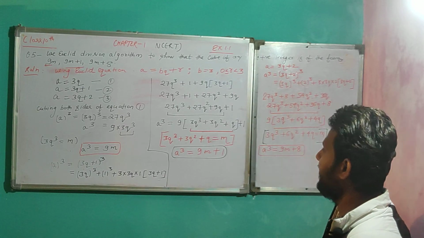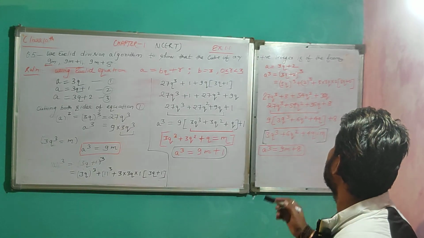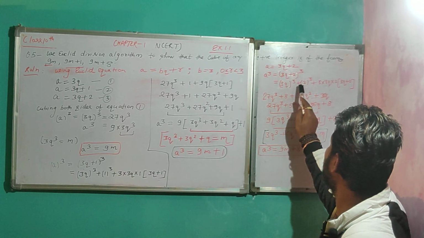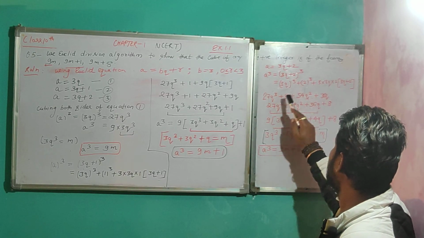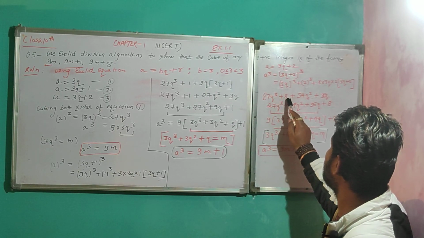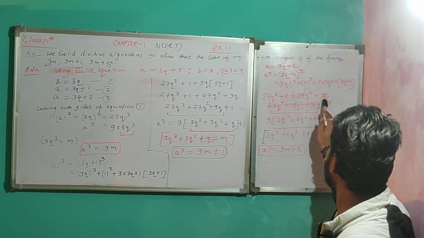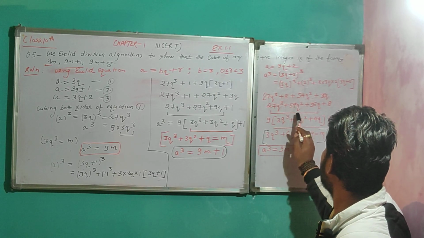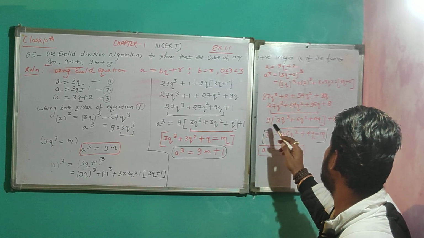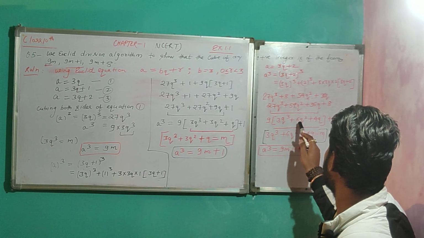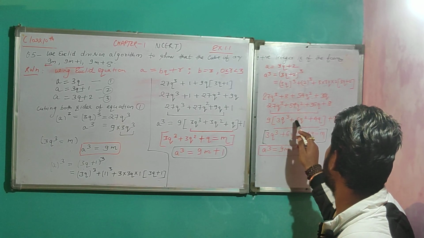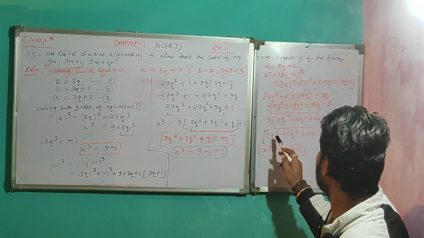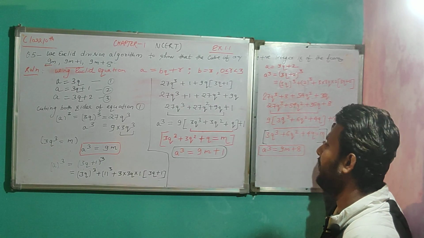Now, coming back to the third one, taking a is equal to 3q plus 2. Cubing both sides, we get a cube plus b cube plus 3ab bracket a plus b. Now solving, 27q cube plus 8 plus 54q square plus 36q. Taking 9 common from the terms, we get 3q cube plus 6q square plus 4q plus 8. We are taking this as m, and we get a cube is equal to 9m plus 8.